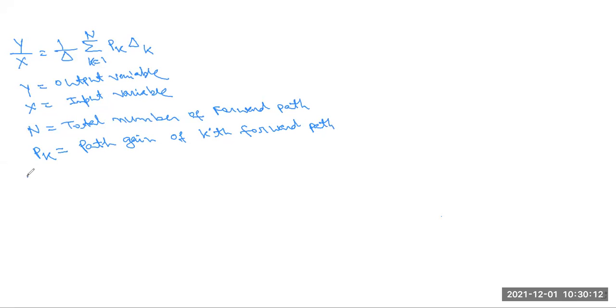And this is very important, that is delta. Okay, so delta k, where k is the number of forward paths available in this diagram. Delta means the number of loops.